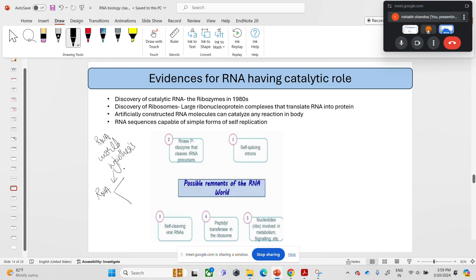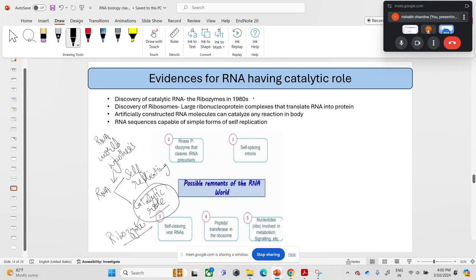That is, it can act as a self-replicating molecule and also can have some catalytic role. Okay, this catalytic role is basically like there is a molecule named ribozyme. That is not a protein component, but the RNA only performing the catalytic function.